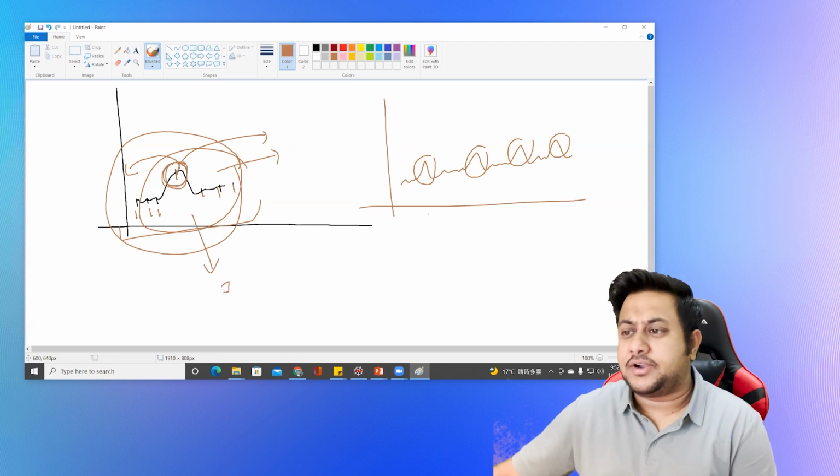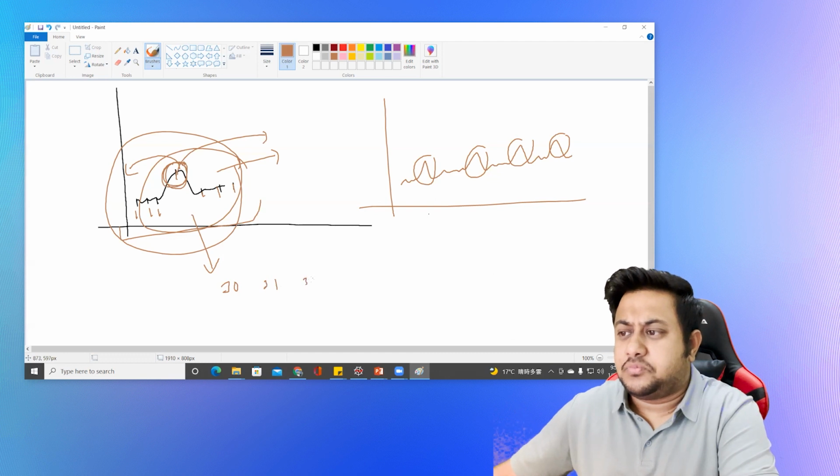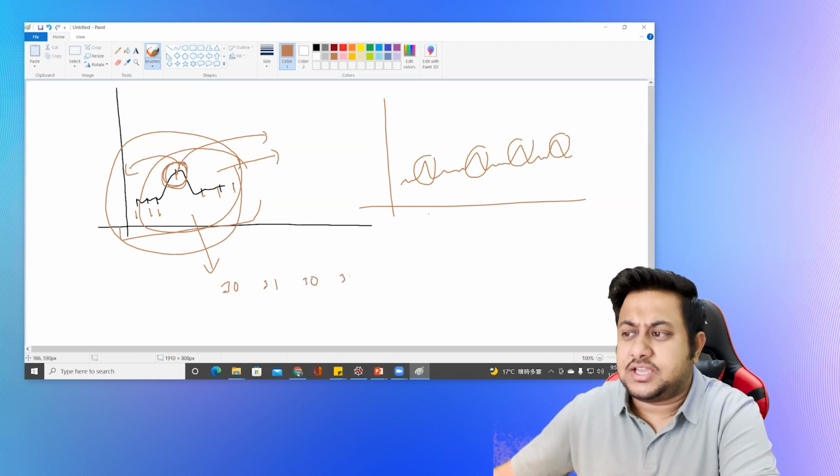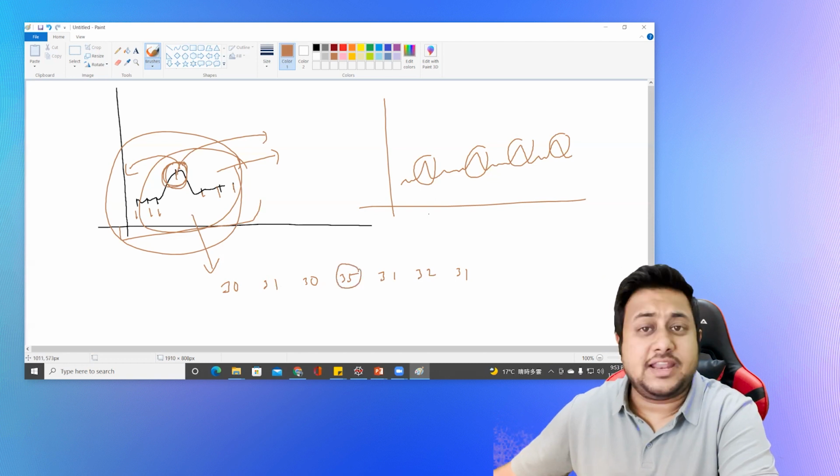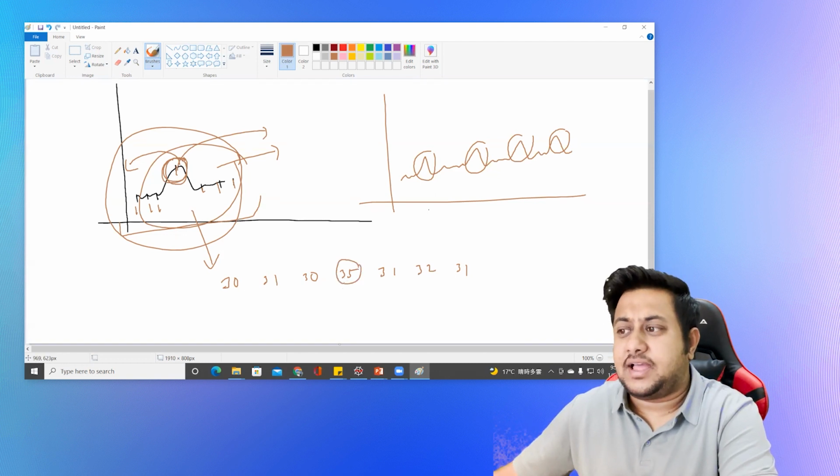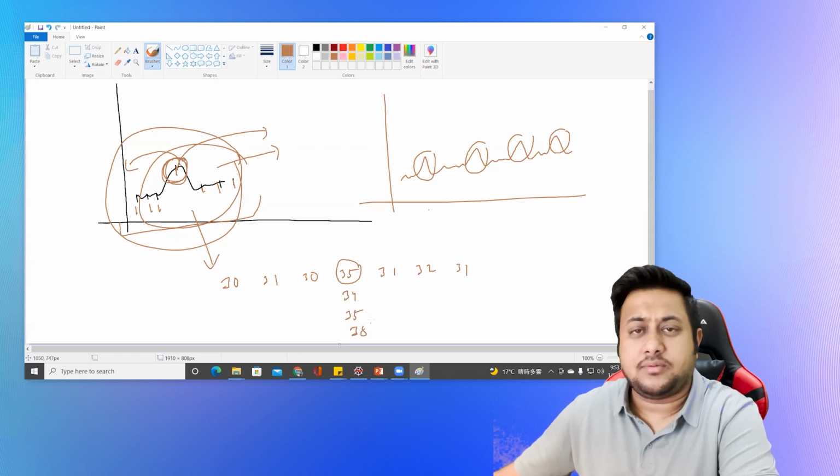Monday I have 30 degrees Celsius, Tuesday 31, Wednesday 30, Thursday let's say 35 degrees हो गया, Friday let's say 31, Saturday let's say 32, Sunday let's say 31. So this is basically an outlier. Previous data कहता है कि last Thursday भी 34 था, उससे पहले भी 35 था, उससे पहले 38 था.